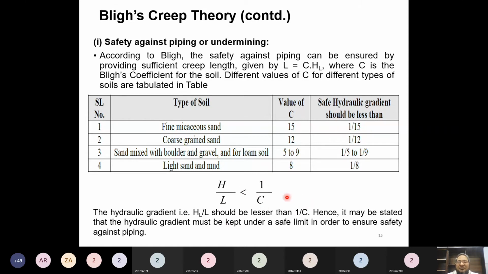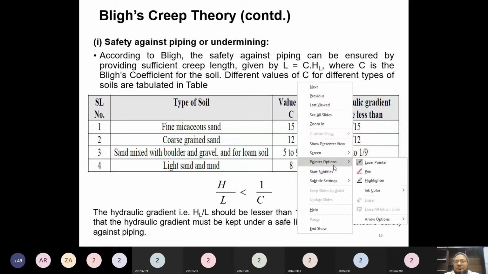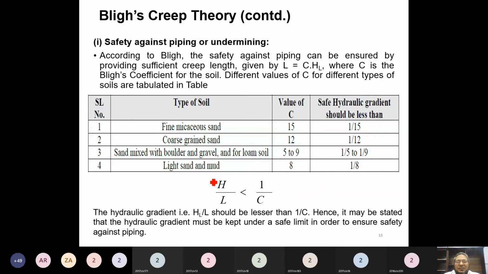If this is satisfied, then according to Bligh the barrage is safe against piping or undermining. Understood? So this is the criterion given by Bligh for undermining.